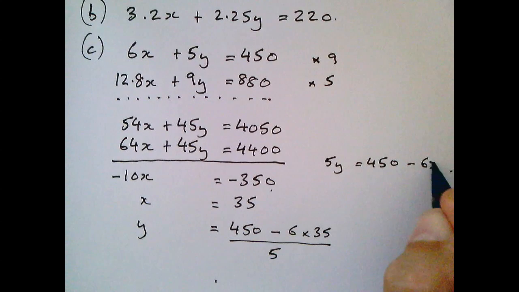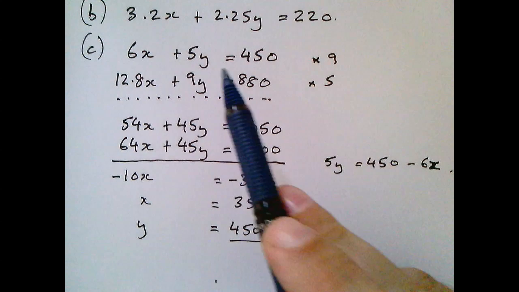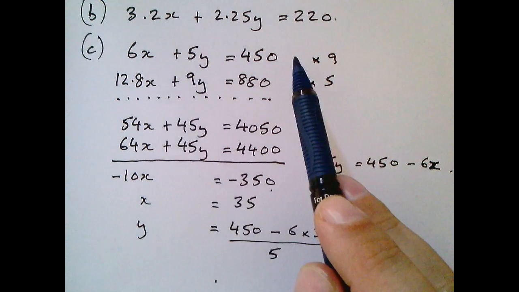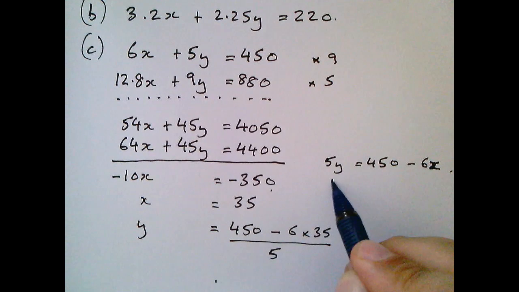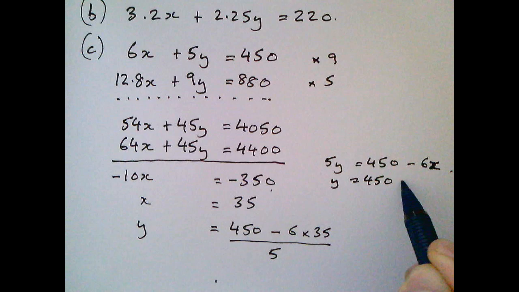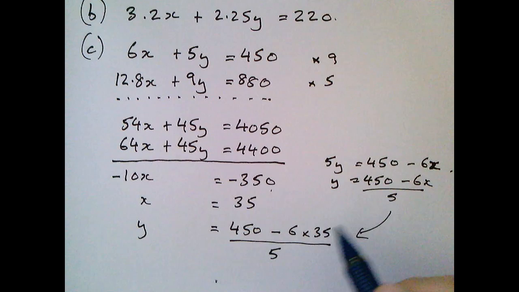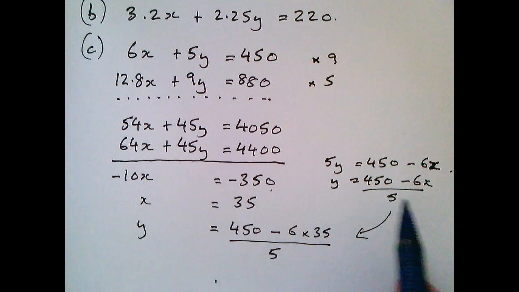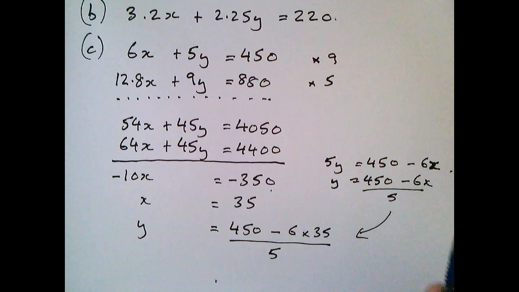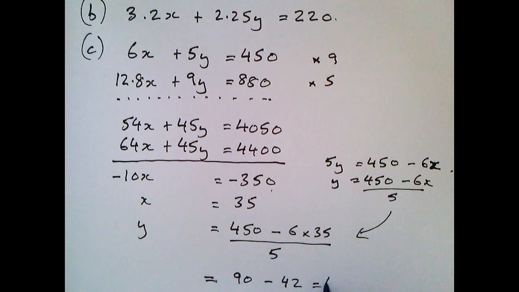We've just taken that 6x and moved it over, and then divide that all by 5. This is how I've got that, by plugging in the value of 35 as x. And then this is 90 minus 42, which is 48.